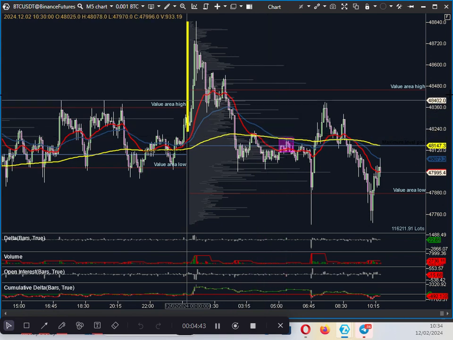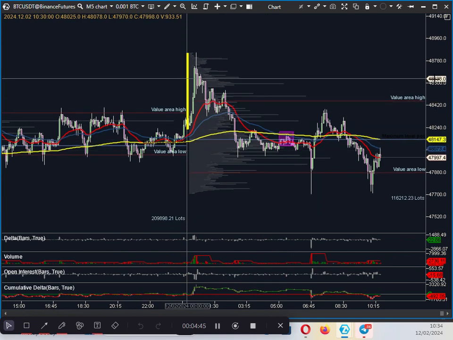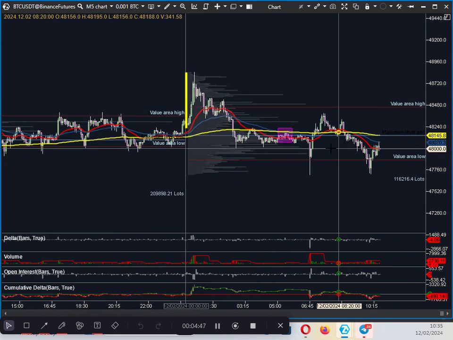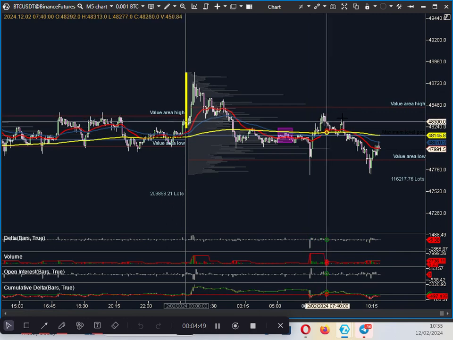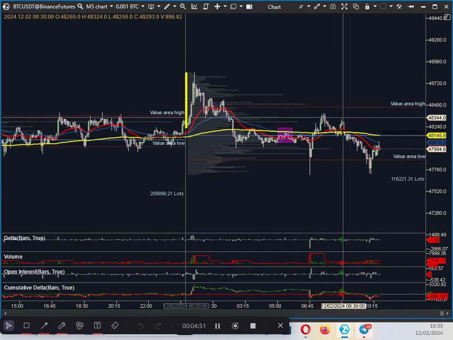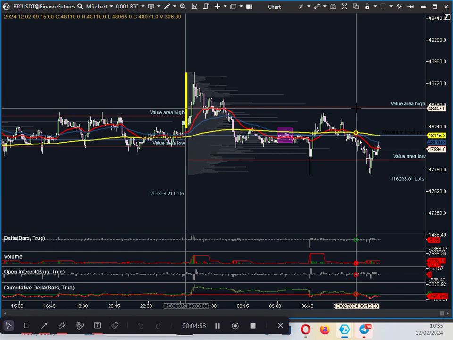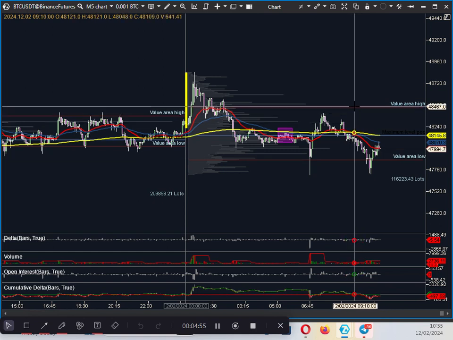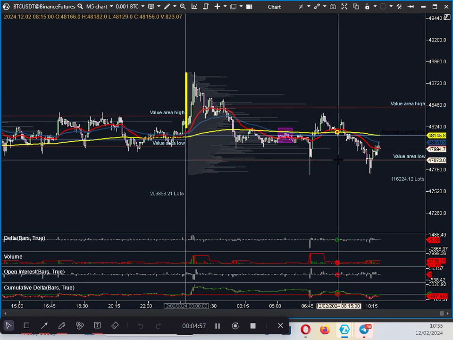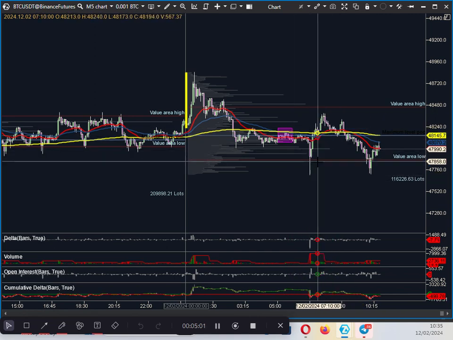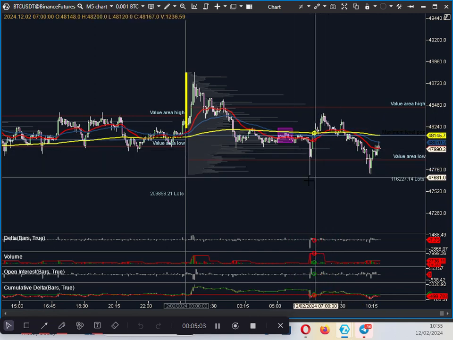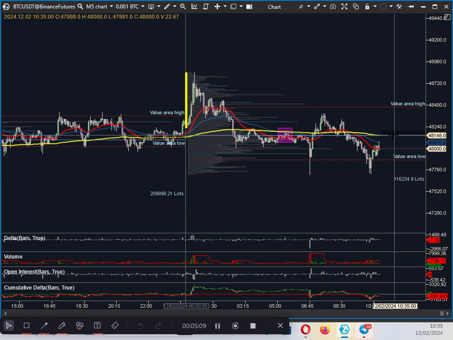But the general rule when I'm scalping on the 5-minute, like here, I wouldn't be taking any trades here because it's inside the value areas. So you've got value area high, POC, and value area low. I won't take trades in there. But you see how it's popped out of the value area low here? I'd have taken a long there and aimed for the point of control, and I'd have won that trade.